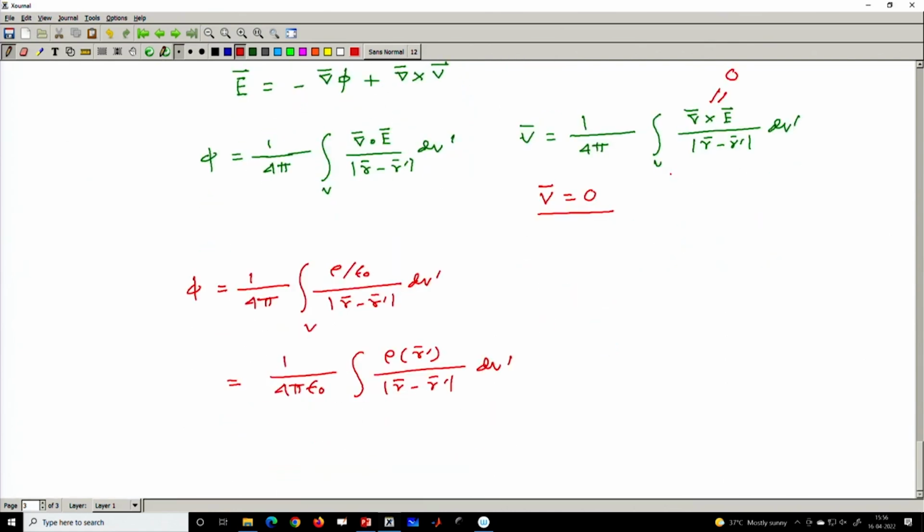For the electric field we find that the curl of E is 0, so there should be no vector potential. So, no vector potential for the electric field.